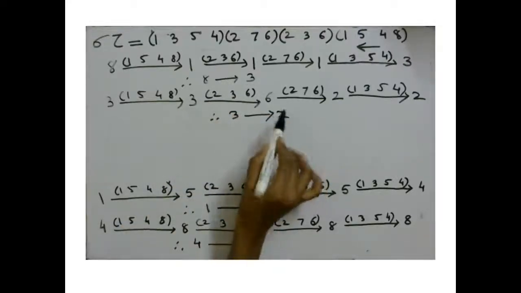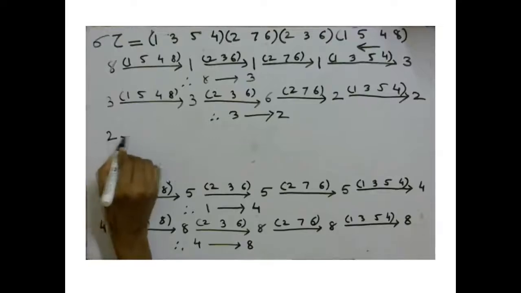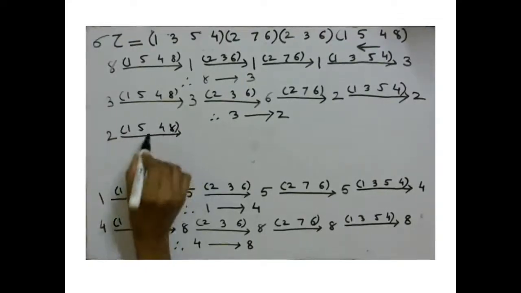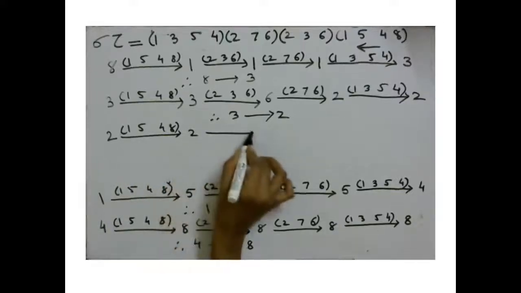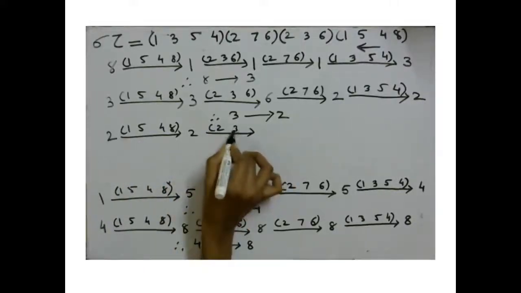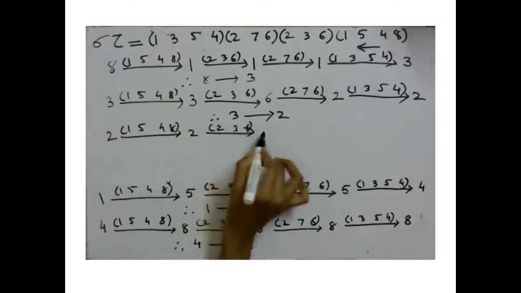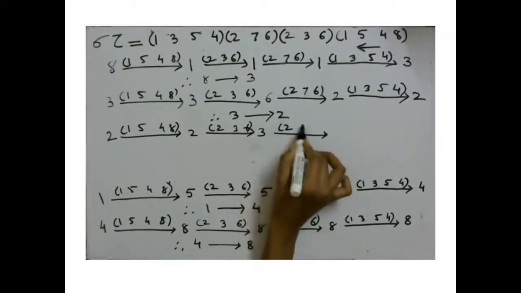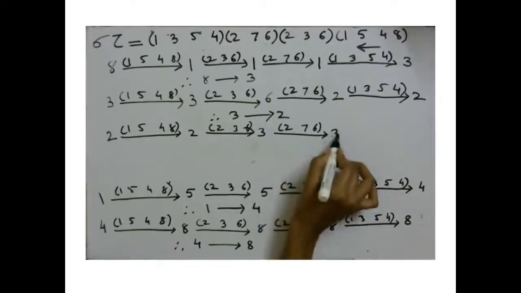Now we have to see the image of 2. Start again with the rightmost cycle. 2 is fixed. In the cycle 2, 3, 6, 2 goes to 3. In the cycle 2, 7, 6, 3 is not present, so 3 is fixed.